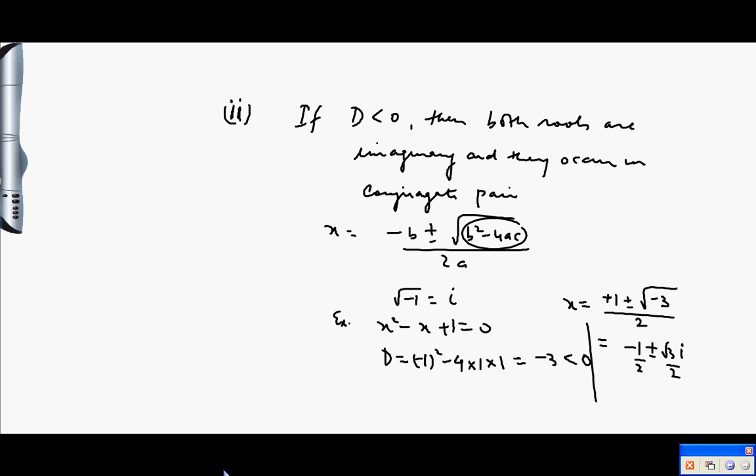are two imaginary roots. And what is meant by conjugate pair? By conjugate pair we mean that if a plus iota b is a root, then a minus iota b also is a root.